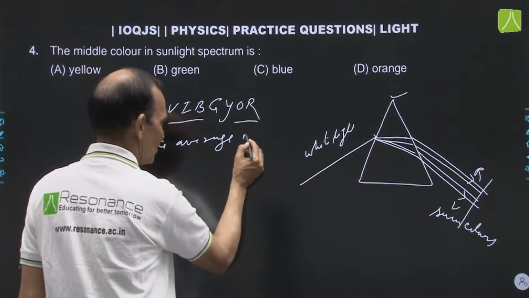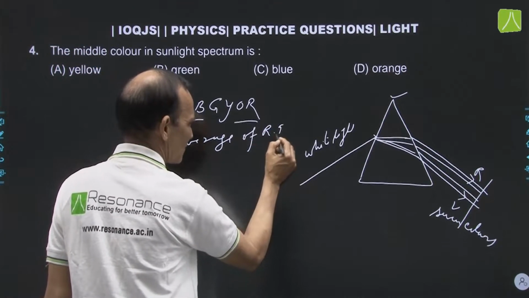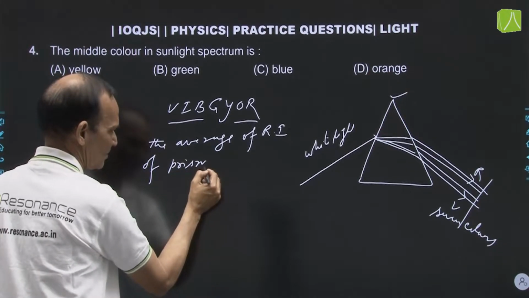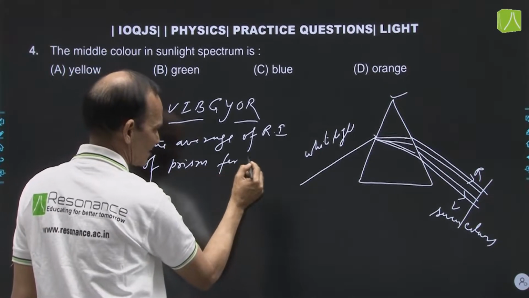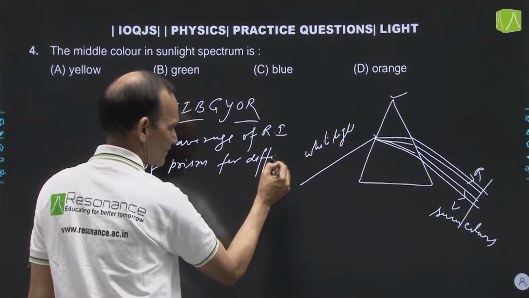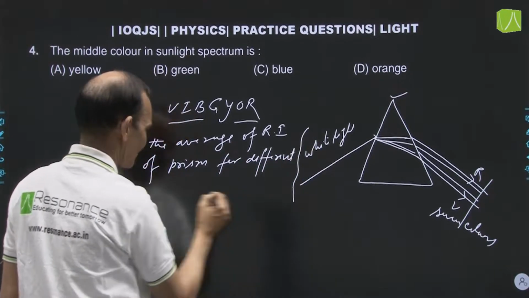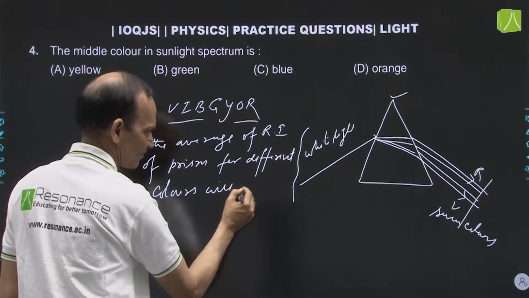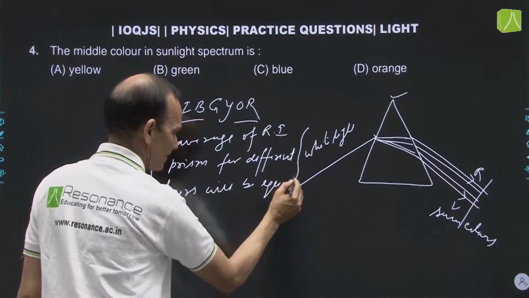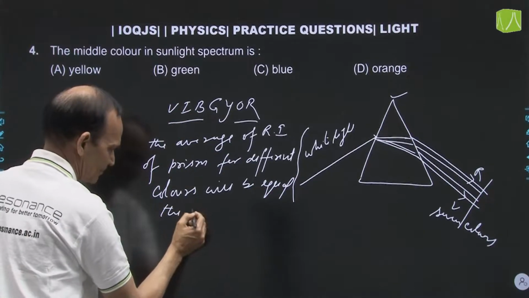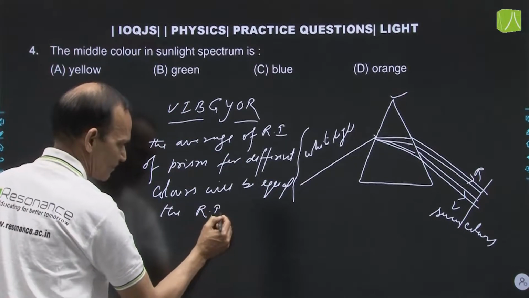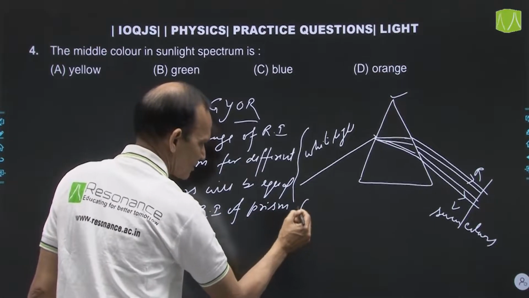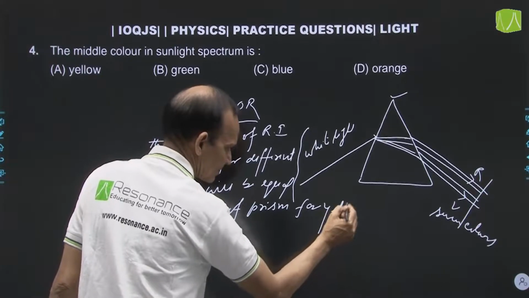The average of the refractive index of prism for different colors will be equal to the refractive index of prism for yellow color.